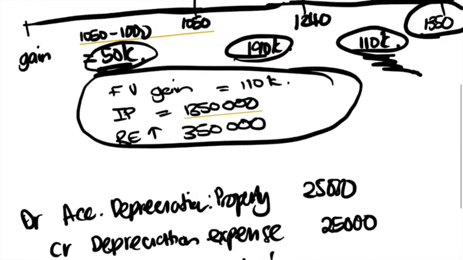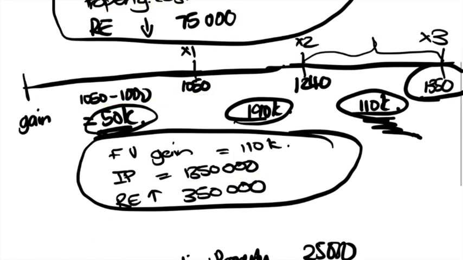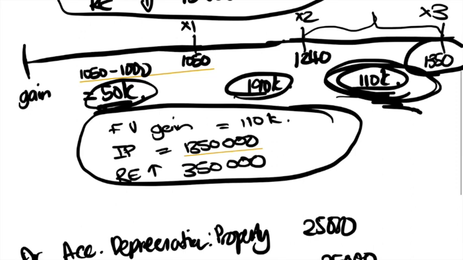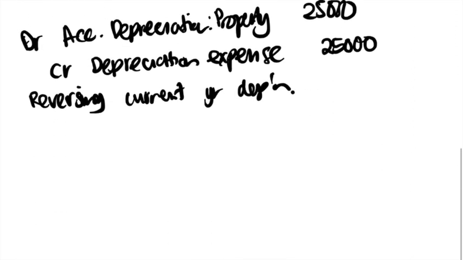The second journal entry is, if you look at the new policy, we expect to see a fair value gain of 110,000 in the current year. So we need to actually go and process that fair value gain so that it can now be reflected in our financial statements. How would we do that? We're going to recognize the gain in profit or loss, and we're going to increase our investment property.